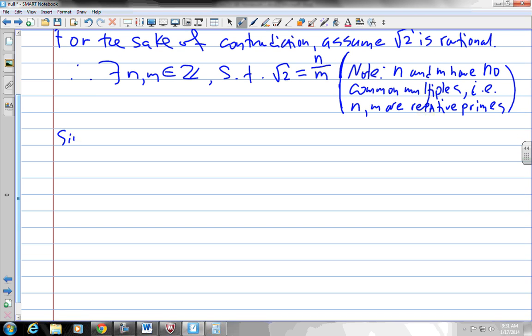So, since square root of 2 equals n over m, I can get rid of that square root by squaring both sides, right? If you square both sides, you get 2 equals n over m squared, which really gives me 2 equals n squared over m squared.